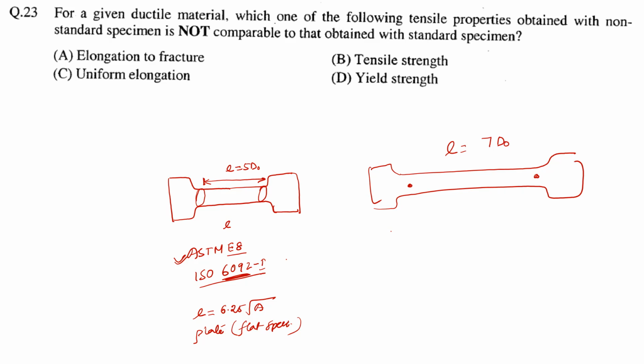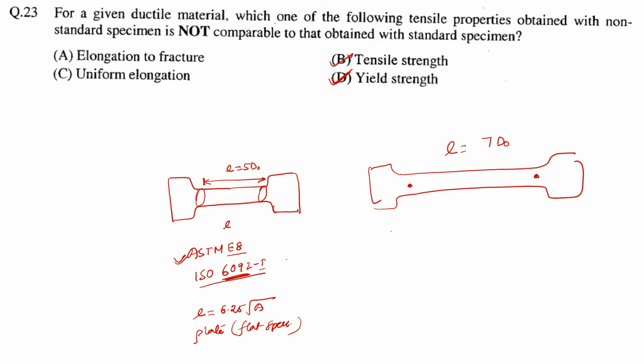Here we have elongation to fracture, tensile strength, uniform elongation and yield strength. Guys, tensile strength and yield strength are material properties. So if you measure with a standard or a non-standard specimen, these two properties will always be comparable.